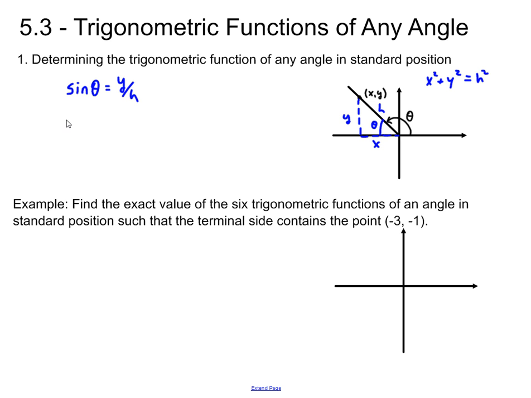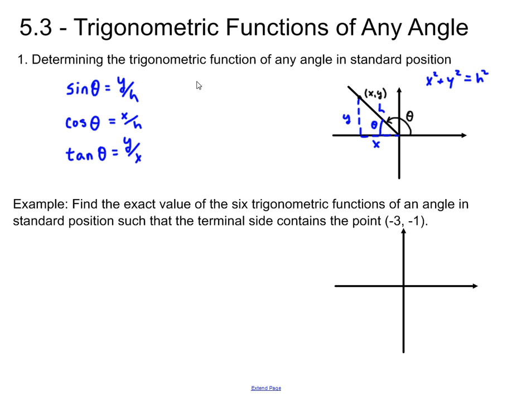To take the cosine of the angle, I will be taking the value of x over h, the adjacent side over the hypotenuse, bearing in mind that x or y could be negative values. The tangent of the angle theta would be equivalent to y over x, right?